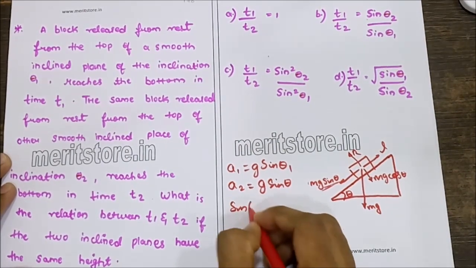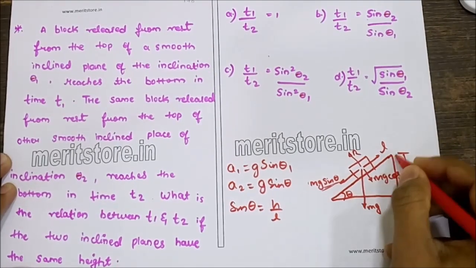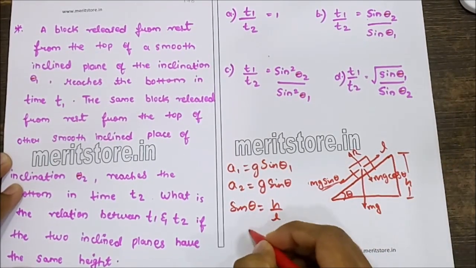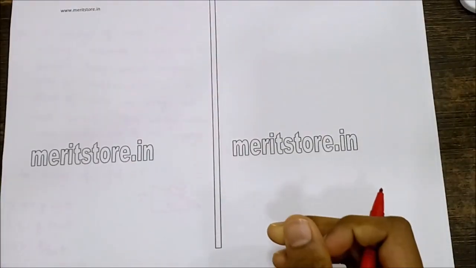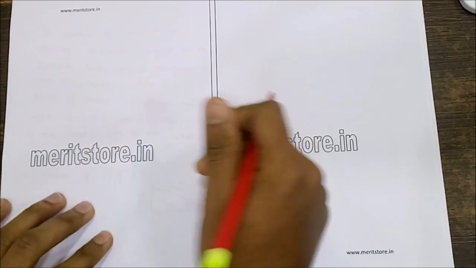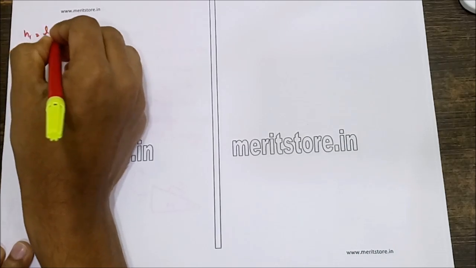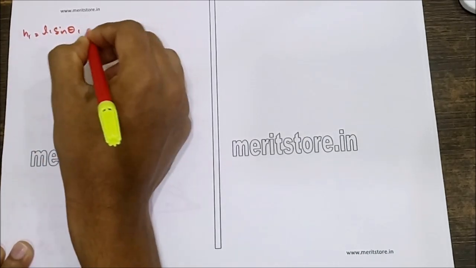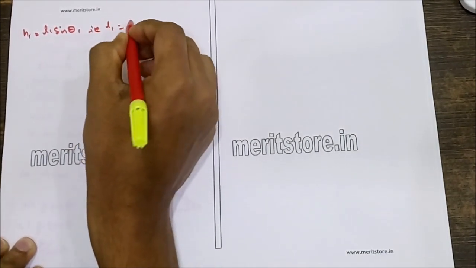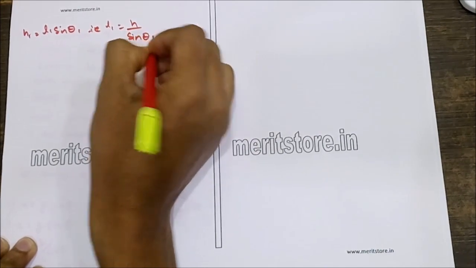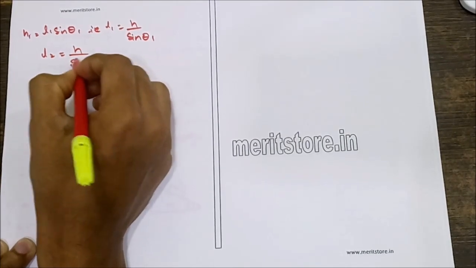So sine theta is h by L, that is height by the length. So for the first case, h equals L1 sine theta 1, that is, L1 equals h by sine theta 1, and for the second case L2 equals h by sine theta 2.